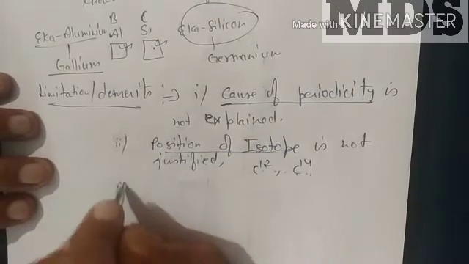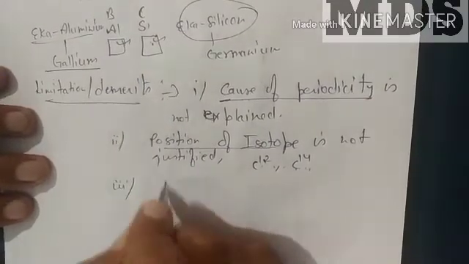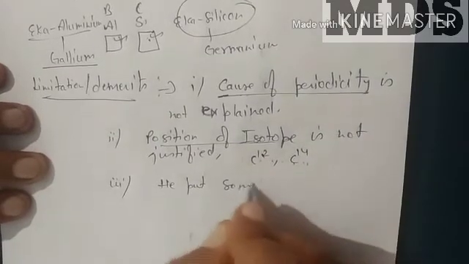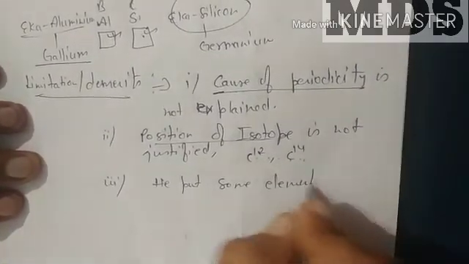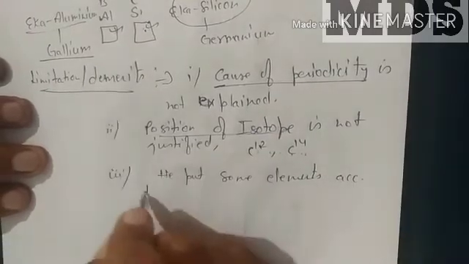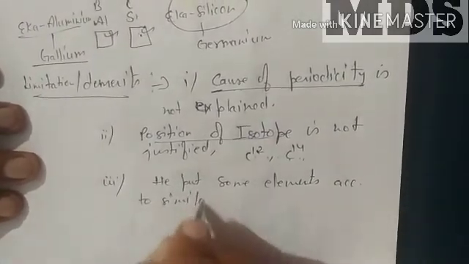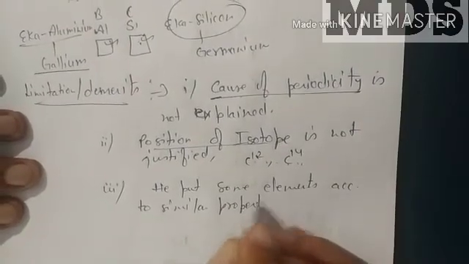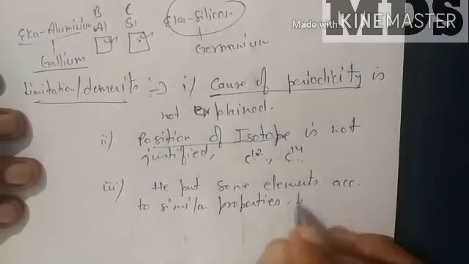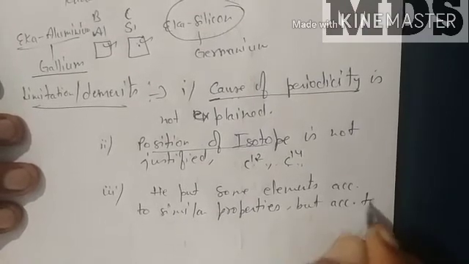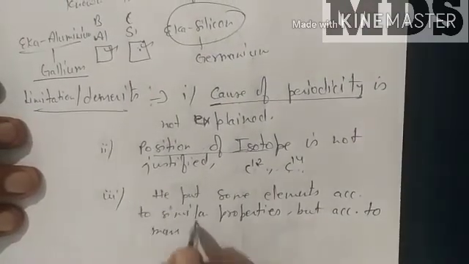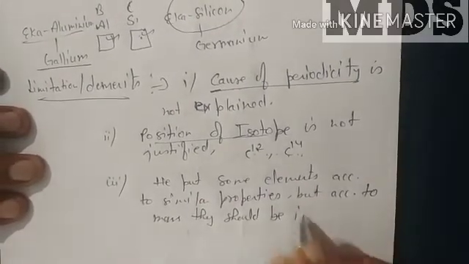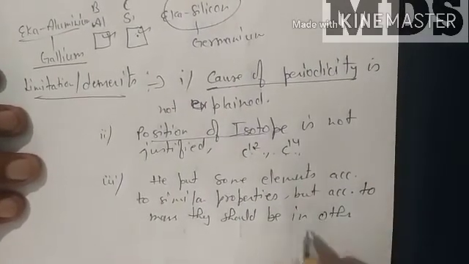Third one: he put some elements according to similar properties, where their properties match, but according to mass, they should be in other slots.